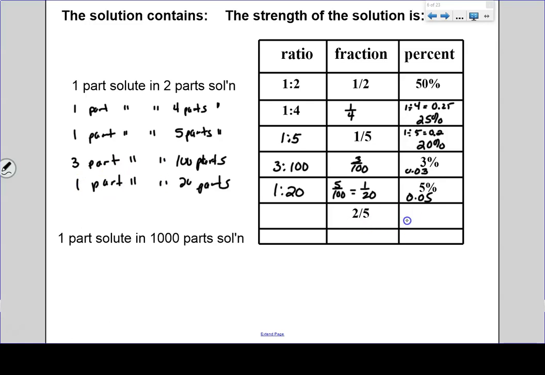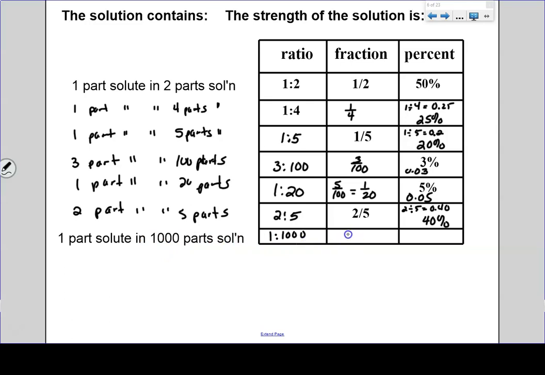Now this 2/5, again, we were given the fraction, so we could go back and write the ratio 2 to 5. If we need the percentage, we're going to divide 2 divided by 5, which gives you 0.40, so that would be comparable to 40%, which would be 2 parts to 5 parts. And then this last one, they gave me the 1 part solute to 1,000 parts of solution. Well, that would be a 1 to 1,000.